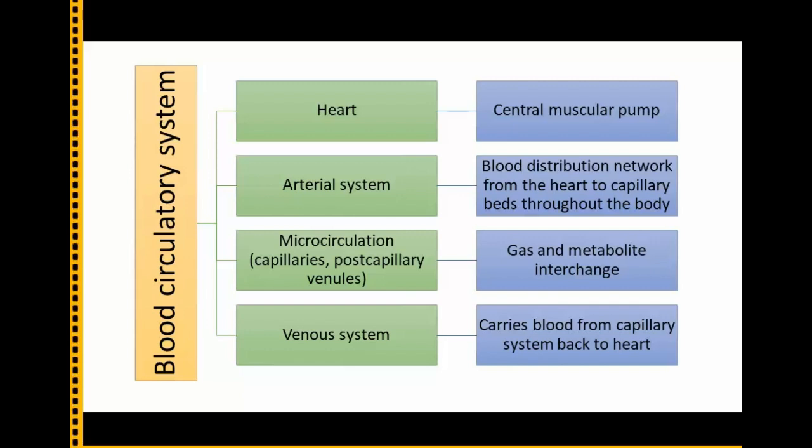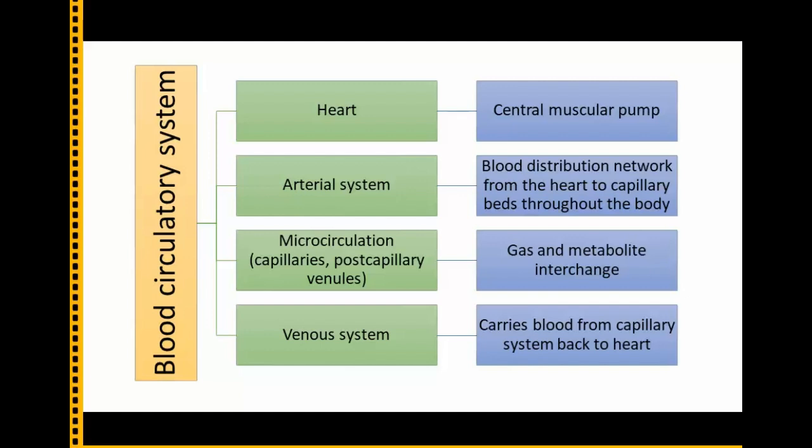Okay. So this is the arterial system. This is the microcirculation. And this is the venous system. So when we talk about this general arrangement, microcirculation is the part where the main functions of the circulatory system occur.